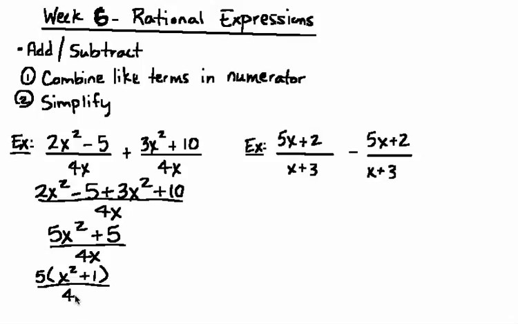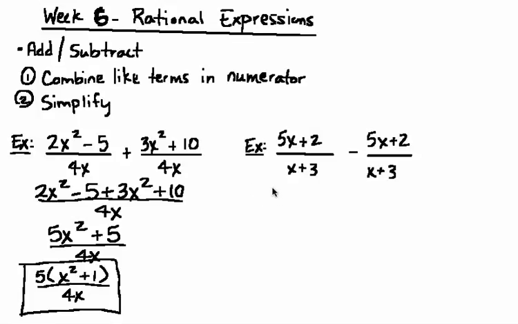There's nothing to factor out in the denominator. You just have 4x. If you could cancel any common factors in the numerator and denominator, you would, but since you have no common factors, 5 times x squared plus 1 divided by 4x is your final answer in this case.